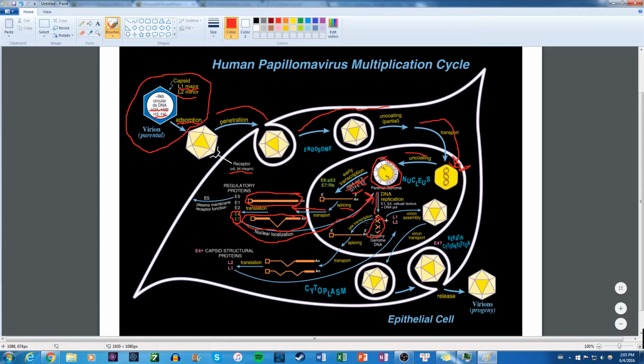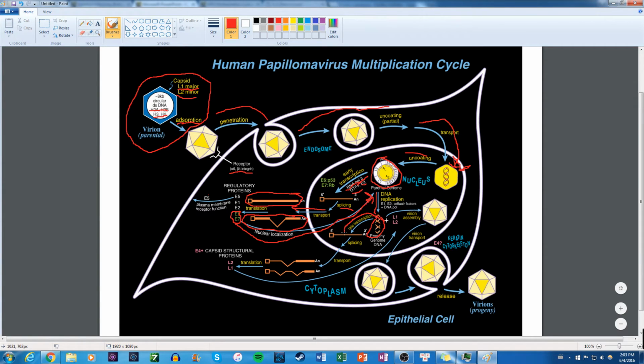So you transcribe only after you make progeny DNA, which makes sense. Because the late proteins, L1 and L2, are the capsid proteins. And you don't want to make capsid proteins until you have viral DNA for the capsids to encapsulate.